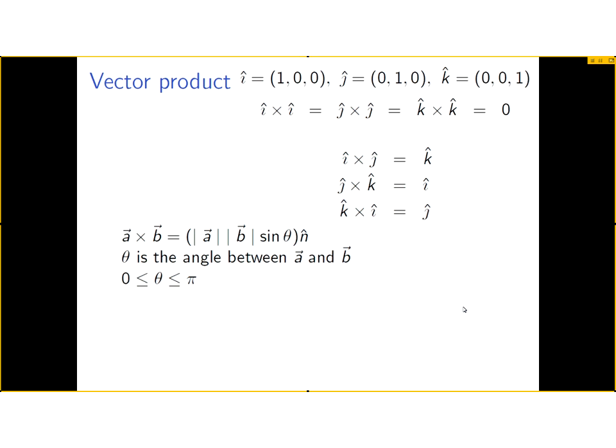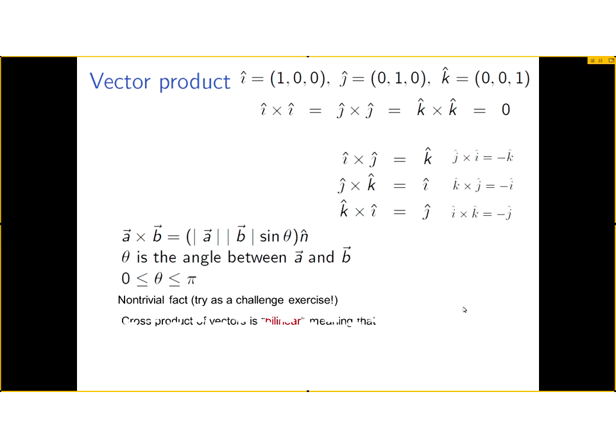So this is the law of the cross product. And if I reverse, j cross i is equal to minus k, k cross j is equal to minus i, and i cross k is equal to minus j.